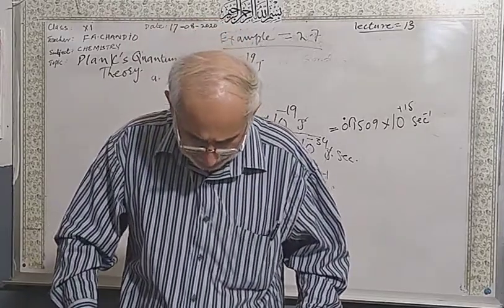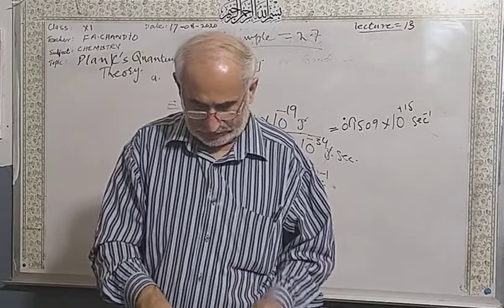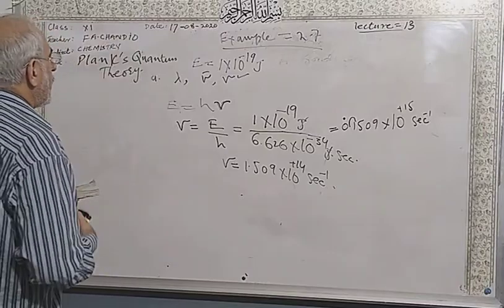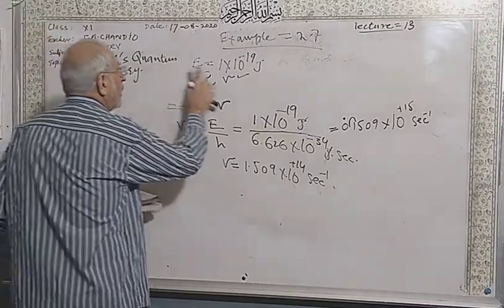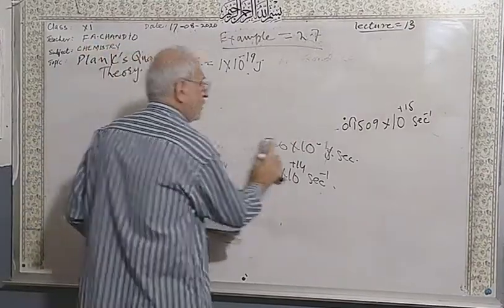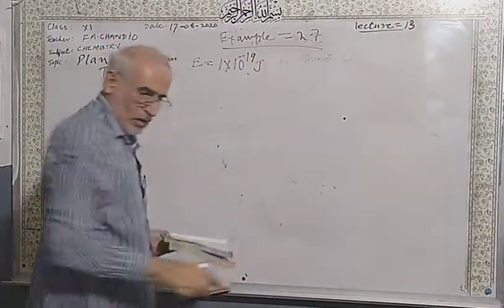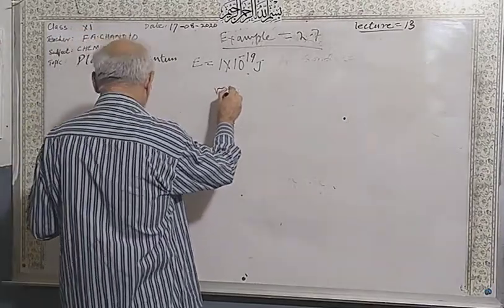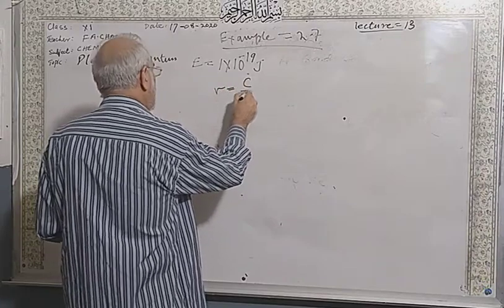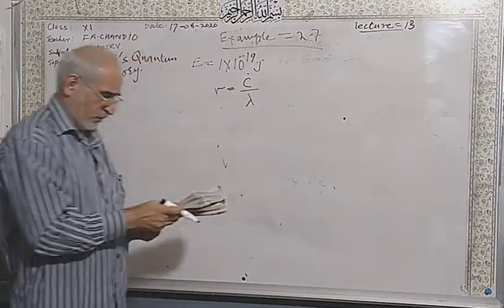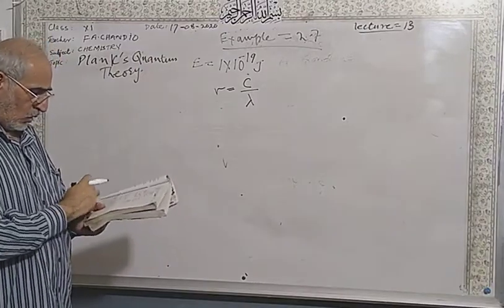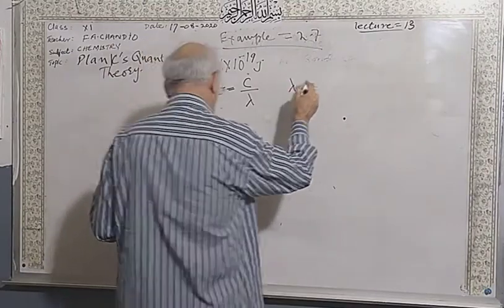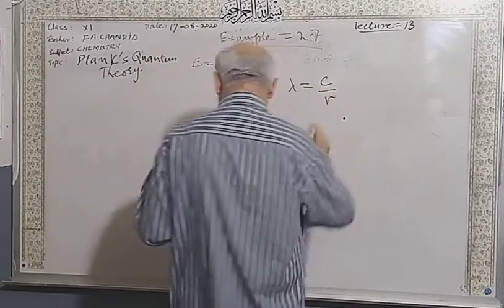Now students, you have to calculate the wavelength. You must use these formulas. Now wavelength, the formula is given: frequency is equal to velocity of light over wavelength. So wavelength will be equal to c over frequency.